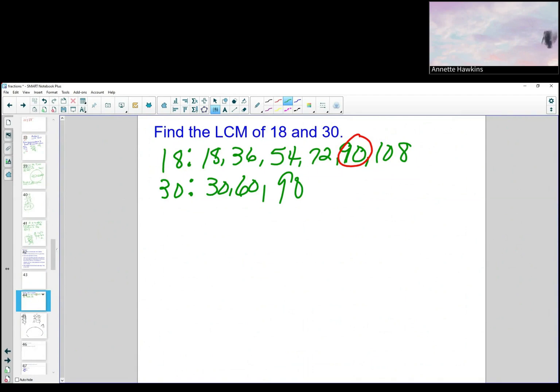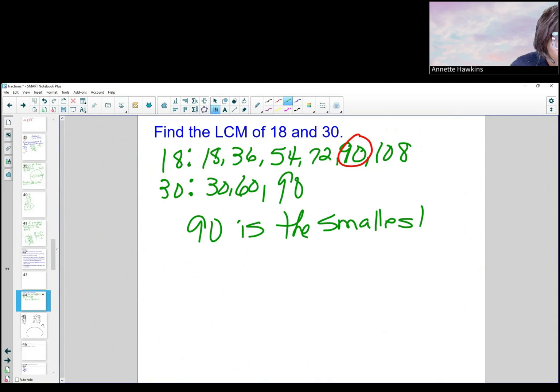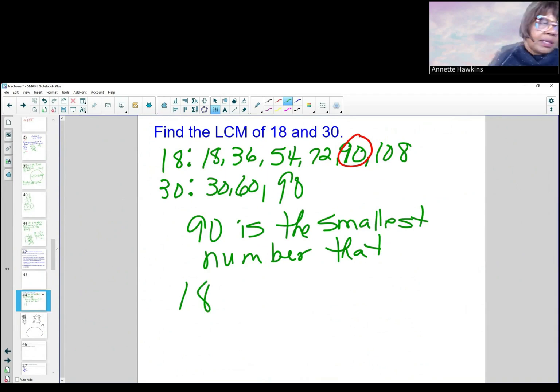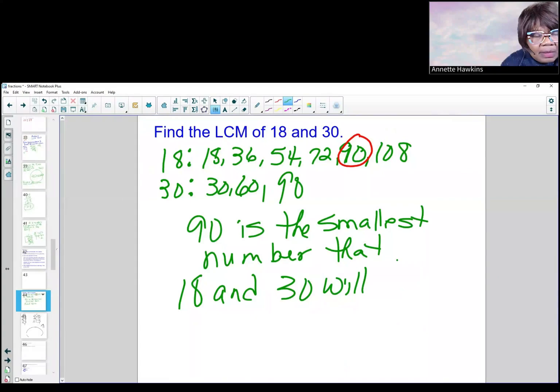So 90 is the smallest number that 18 and 30 will divide evenly.